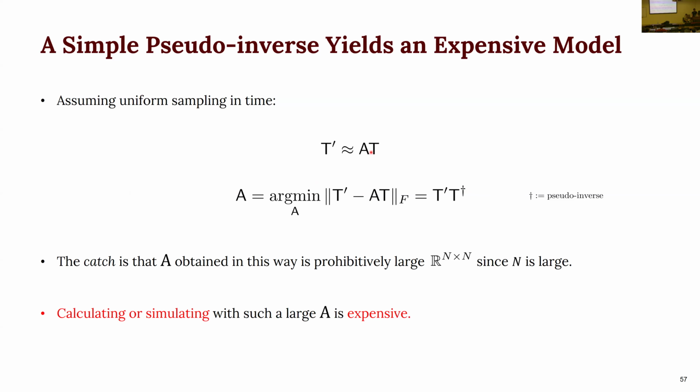But the catch is that the A obtained in this way is prohibitively large, right? It's n cross n, and if n is very large, then you are kind of stuck. You obviously have a model, but it's very difficult to simulate that model, right? And finding out the eigenvalues and eigenvectors will be a challenge.